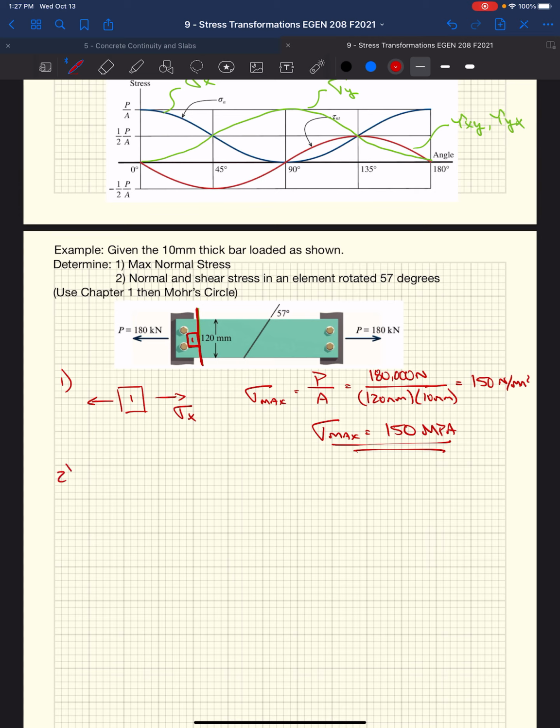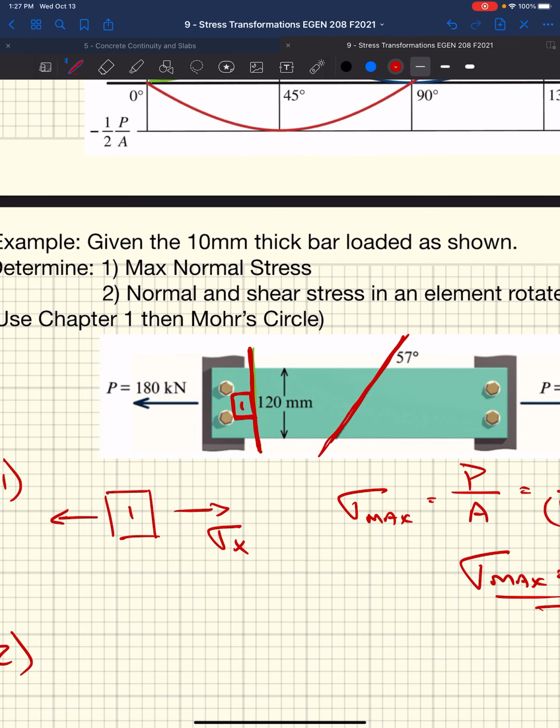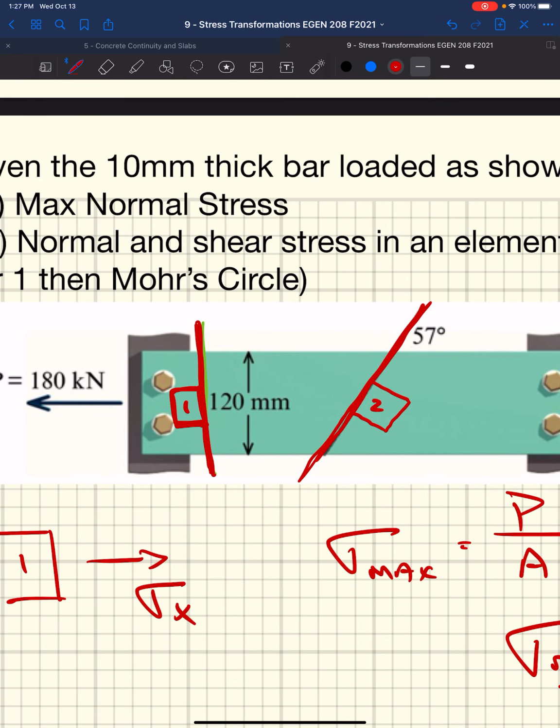Well, so part 2, we are going to look at this cut here. We really want to look at what's going on on the face of this block that's oriented at 57 degrees.